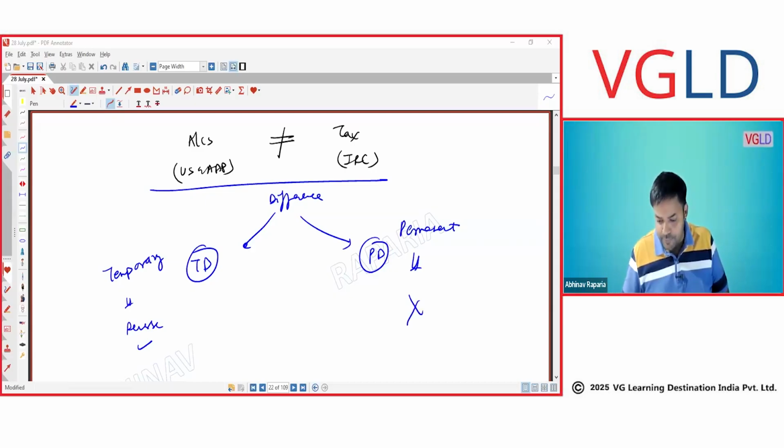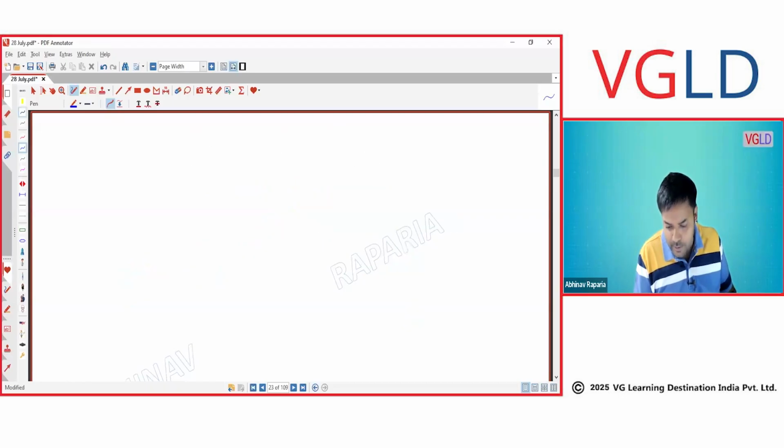For example, let's say you're purchasing a property for $1,000 and you are going to depreciate over 5 years SLM, straight line method.